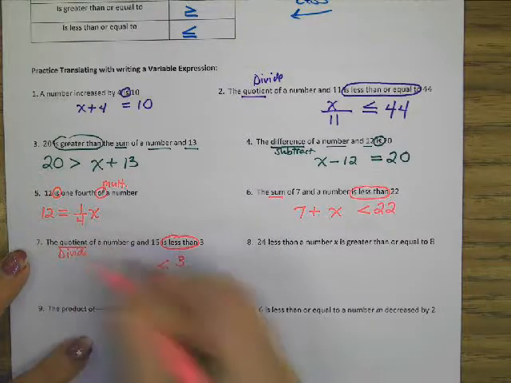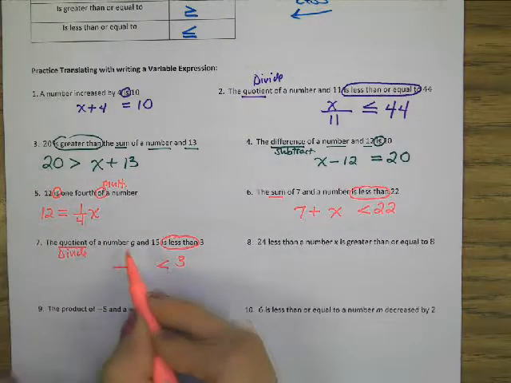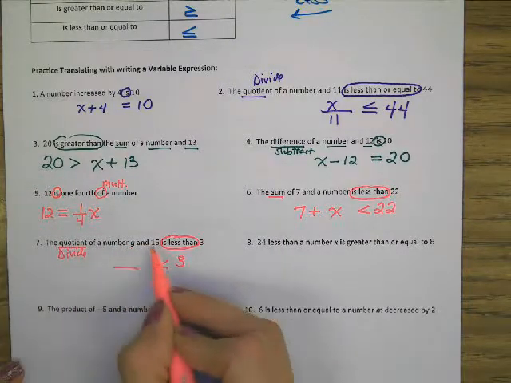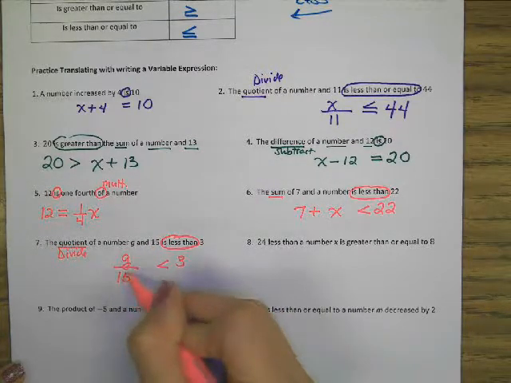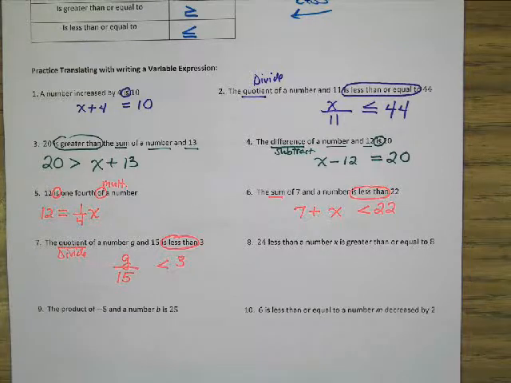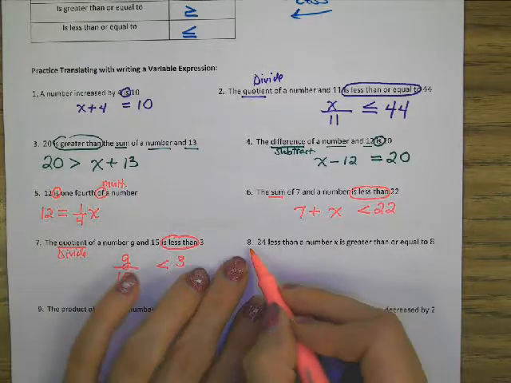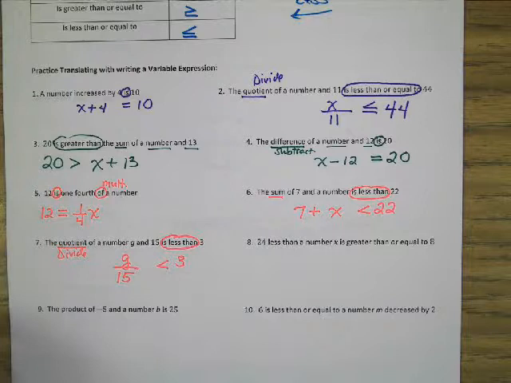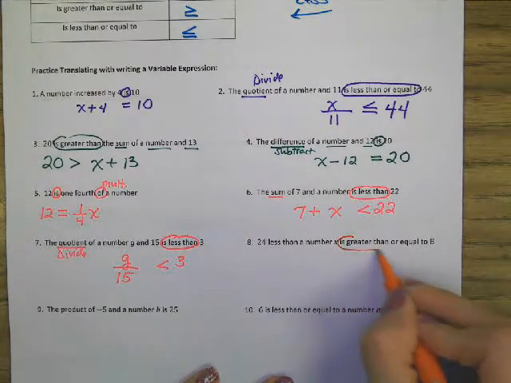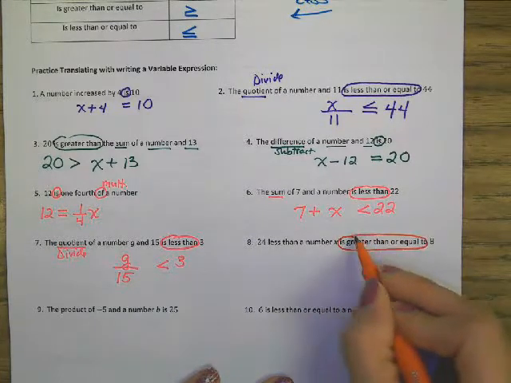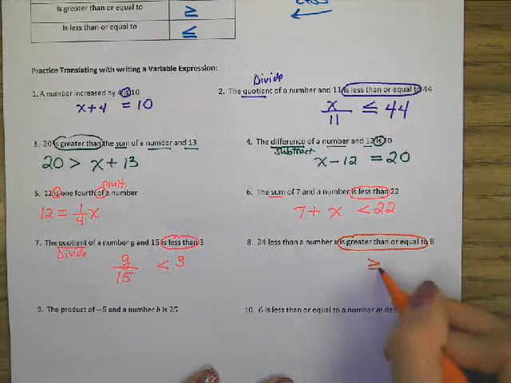Okay, number 8. Oh, I need to switch to a red pen. You're going to see why. Let's look for the word is. Is greater than or equal to. So there's the equal sign, the greater than or equal sign. I've got two sides. On the right hand side, I'm going to put an 8. Over here, I see less than, and that gets the star.